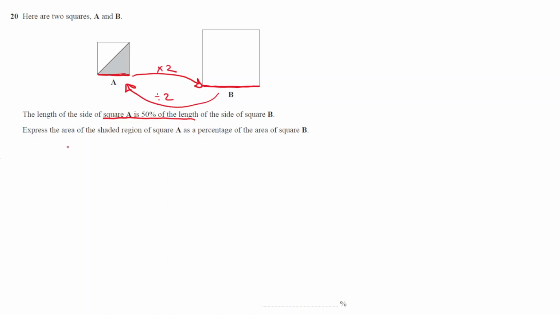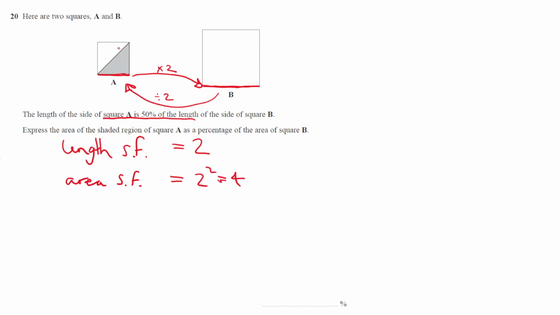So if the length scale factor from A to B is 2, the area scale factor from A to B must be 2 squared, which is 4.